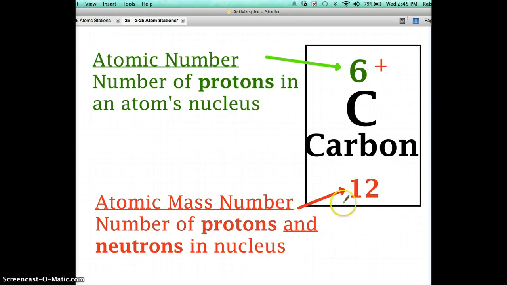So if this bottom number is 12, and I know that carbon has 6 protons, then I can tell that this atom also has 6 neutrons. The atomic number tells you how many protons are in the atom. The atomic mass tells you how many protons and neutrons are in the atom.